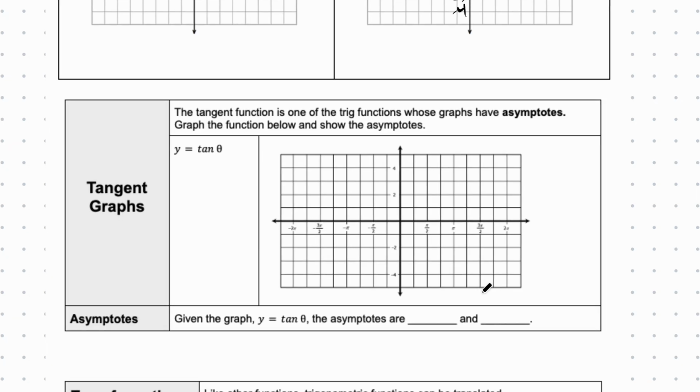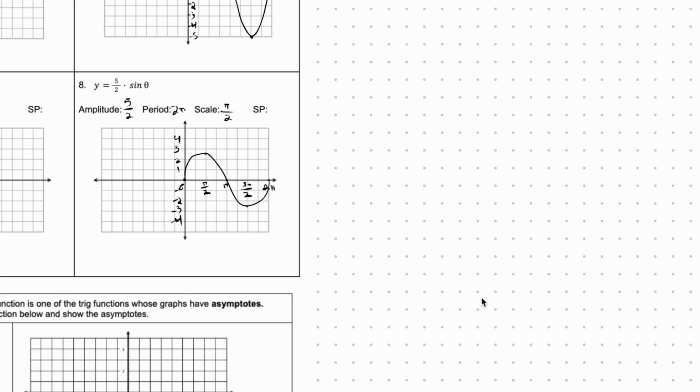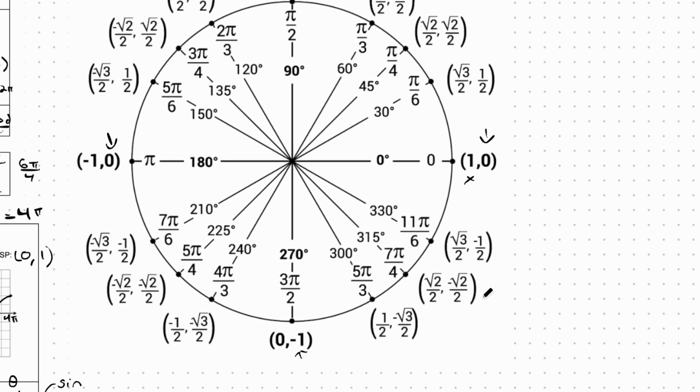Okay, so let's graph tan. It's going to be super helpful here for us to look at our unit circle and the value of tan. Well, first of all, tangent is going to be y over x, right?